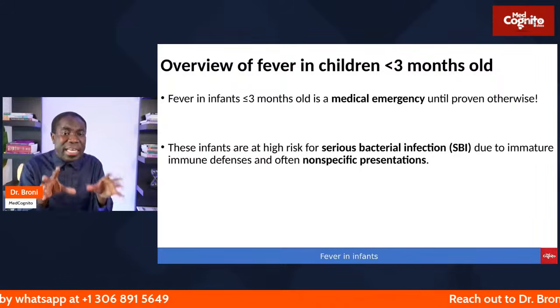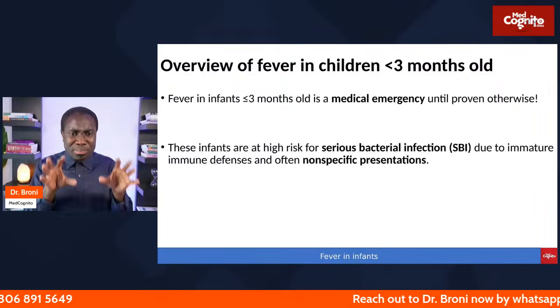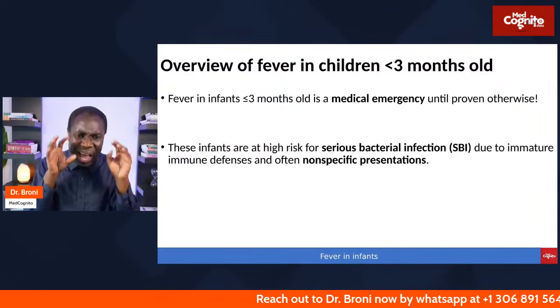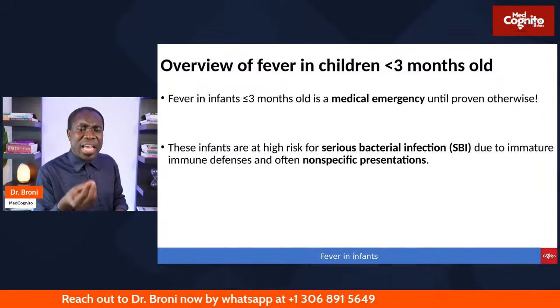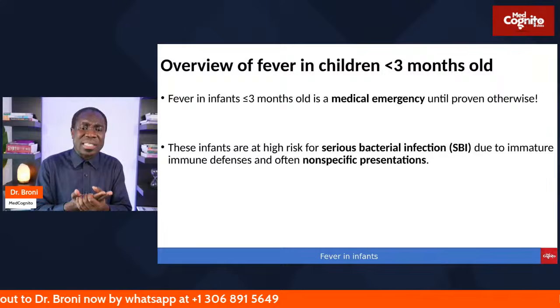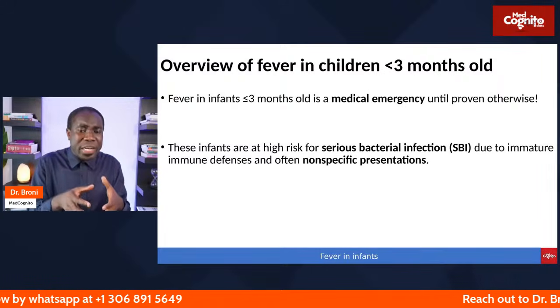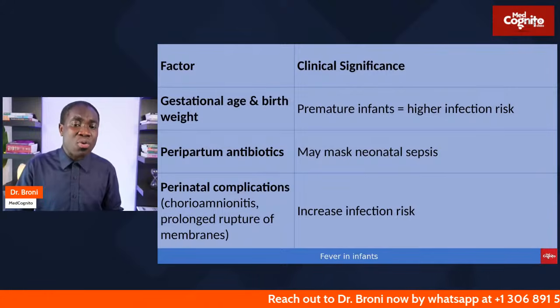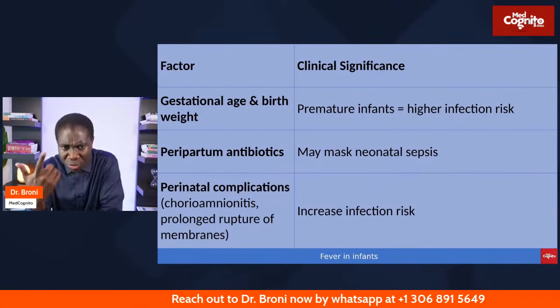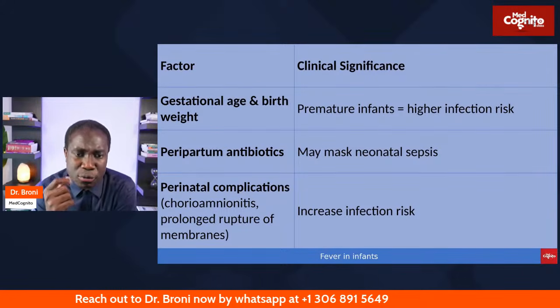No, these infants, those less than 3 months of age, are at high risk of serious bacterial infection because of their immature immune defense, and often non-specific presentations are seen when they are going through an infection. So, what are the factors?